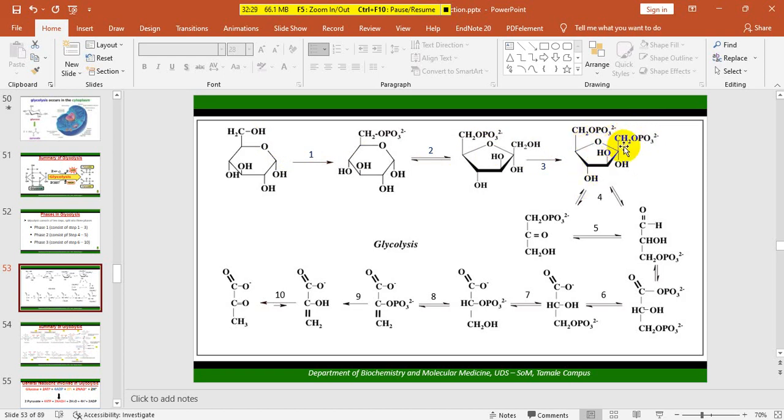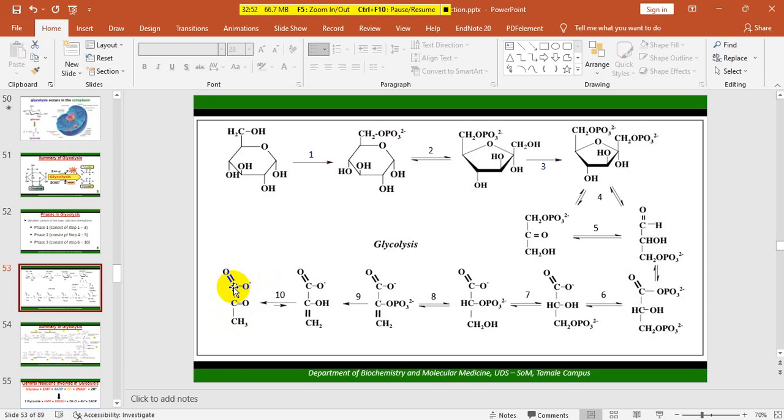Then this fructose 1,6-bisphosphate will be split into what? Dihydroxyacetone phosphate and glyceraldehyde phosphate, which will be interconverted and channeled through these various steps to produce our end product, 3-carbon pyruvate.